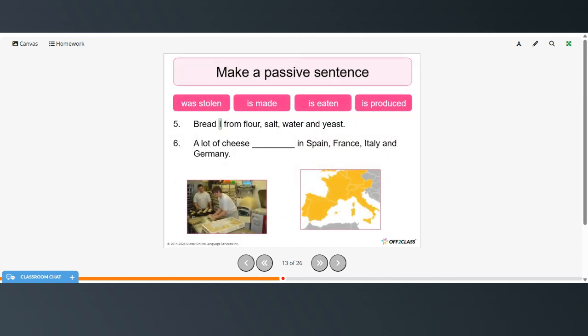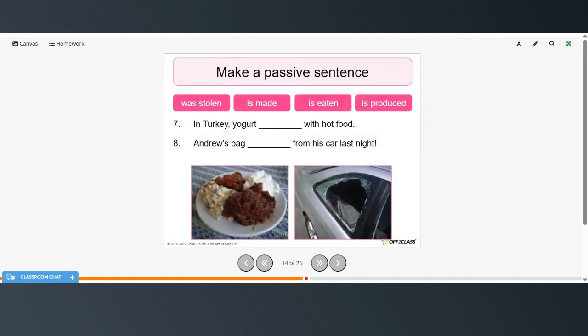Bread is made from flour, salt, water, and yeast. A lot of cheese is produced in Spain, France, Italy, and Germany. In Turkey, yogurt is eaten with hot food.